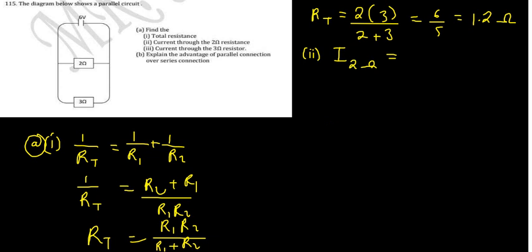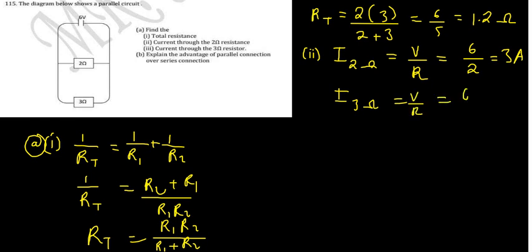So current is going to be voltage over resistance. The voltage in this question is 6 volts, and then the resistance is 2. This is going to give us 3 amps. And then the current through the 3 ohms resistor is also voltage over resistance.